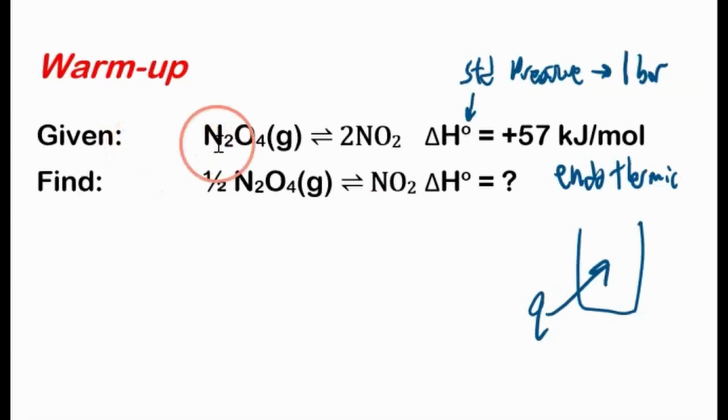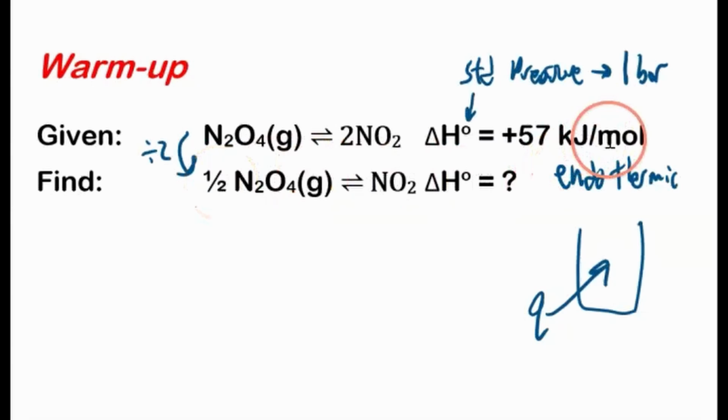Okay, now given this, we want to know what the change in enthalpy is for this reaction. And this reaction is basically the same, right? Just to go from here to here, what we did was we divided everything by 2. It takes half the amount of energy as heat if we have half the amount of moles.